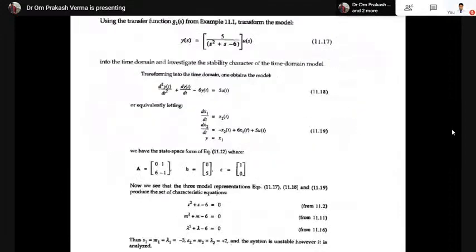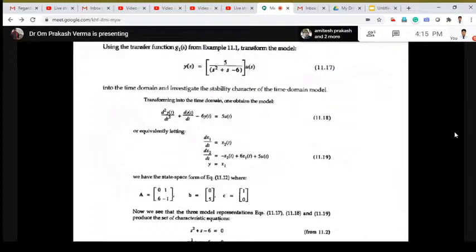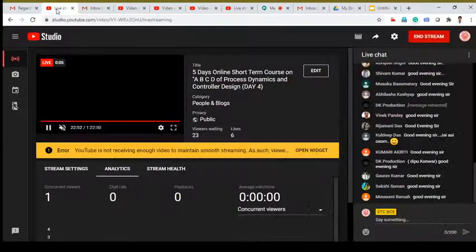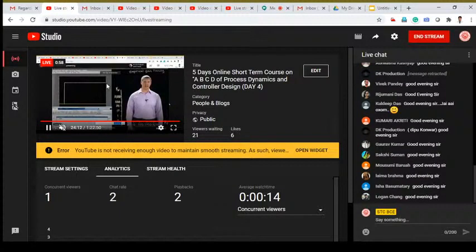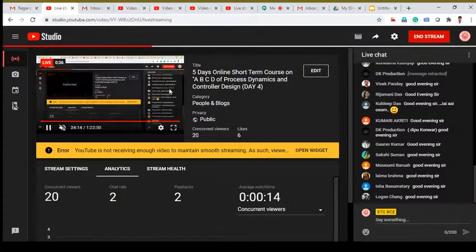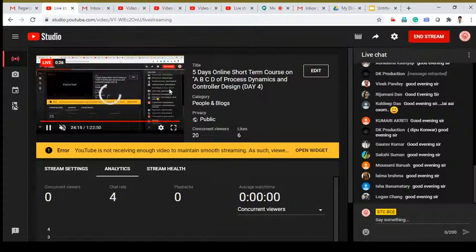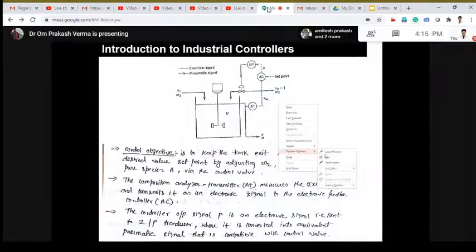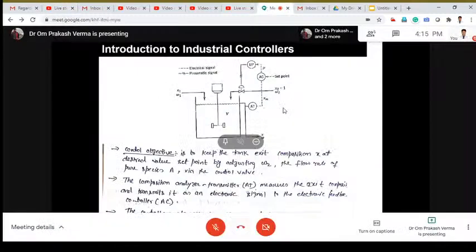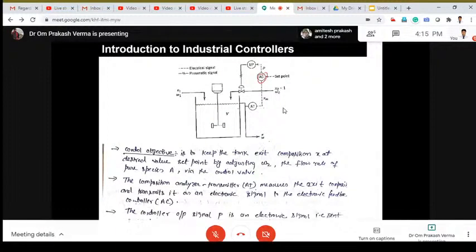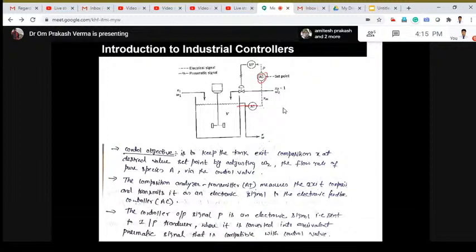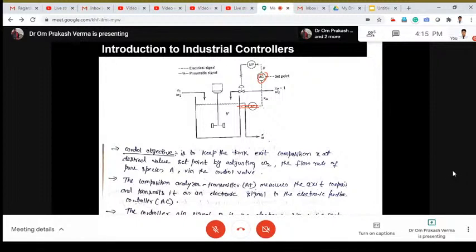We have the industrial controllers. What is the use of the controller? Basically, a controller is used for controlling some physical parameter, here the composition, or you can say the concentration.